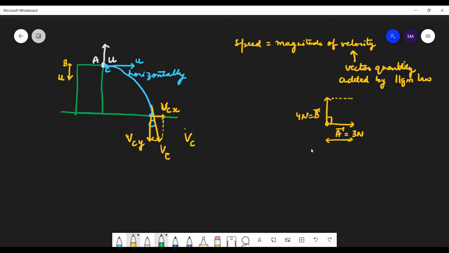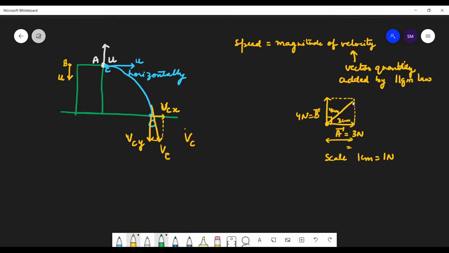So what is the resultant force? To find this, I have drawn this 3 Newton with the scale 1 centimeter equals 1 Newton. So this is 3 centimeter. This is 4 Newton, so 4 centimeter. Now you can complete this parallelogram, which is nothing but a rectangle here.